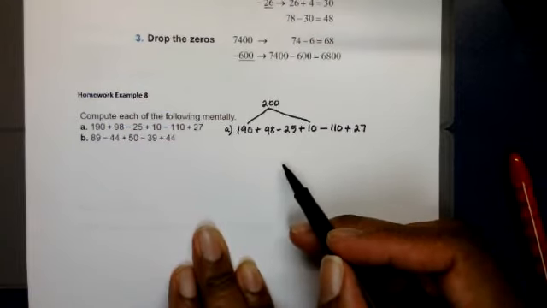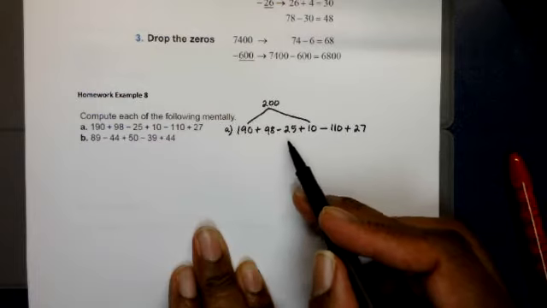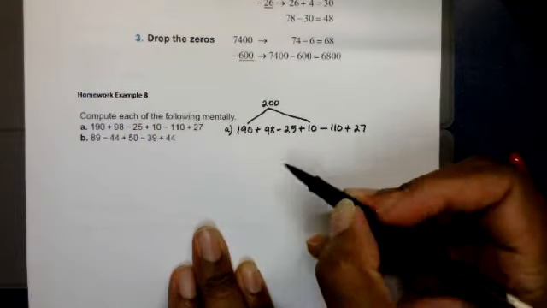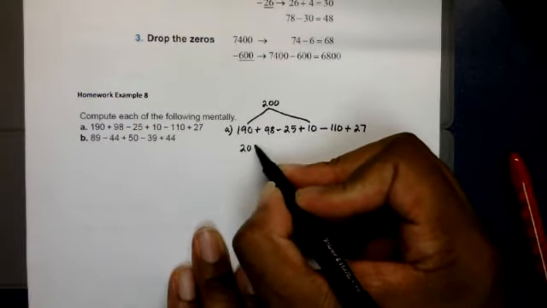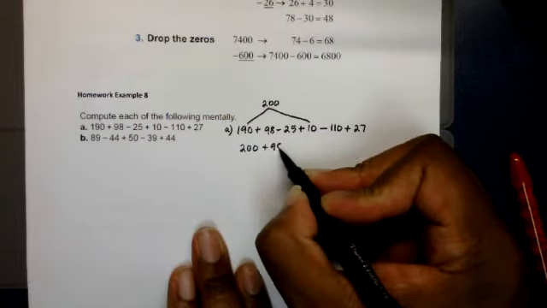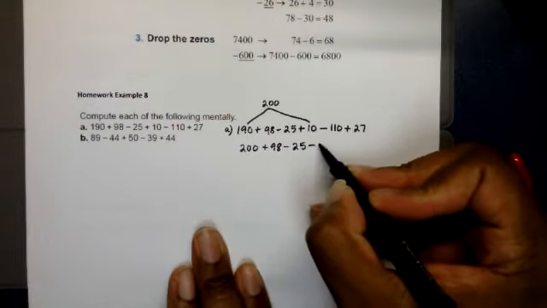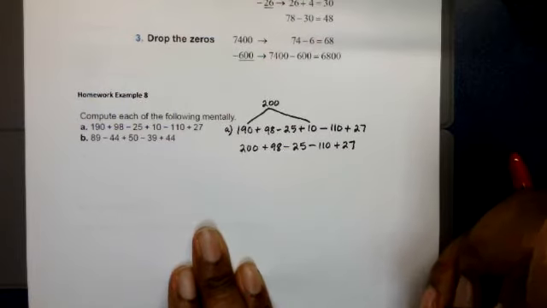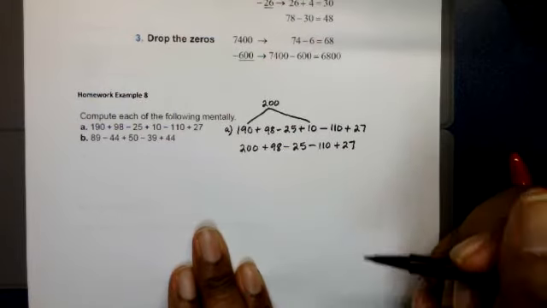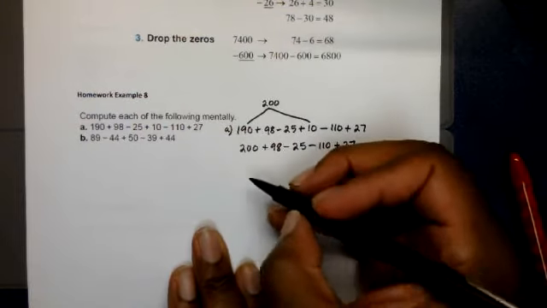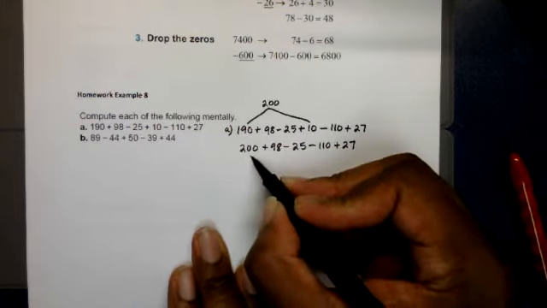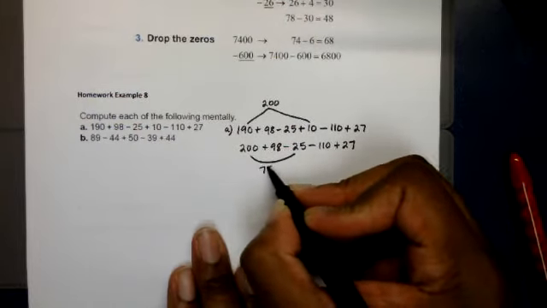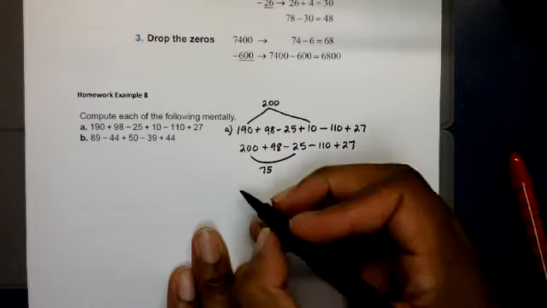What else can I do here? I have 200 plus 98 minus 25 minus 110 plus 27. Well, if I do 200 minus 25, that will, of course, give me 75. That's easy to work with.